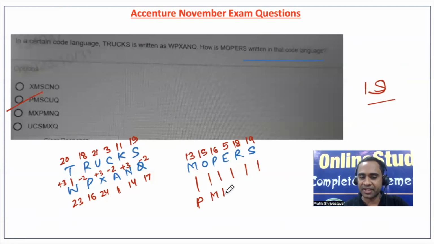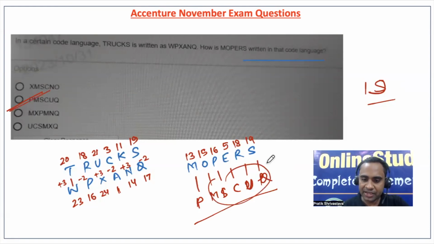Then 16 plus 3 is 19, which is S. E is 5, 5 minus 2 is 3, C. Then 18 plus 3 is 21, U. And 19 minus 2 is 17, Q. So PMSCUQ.